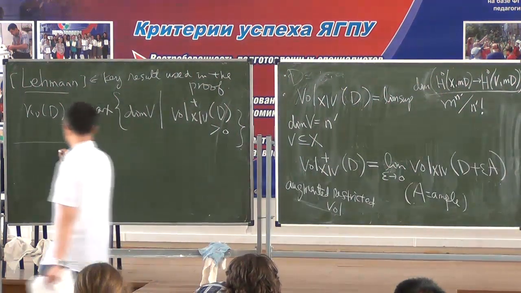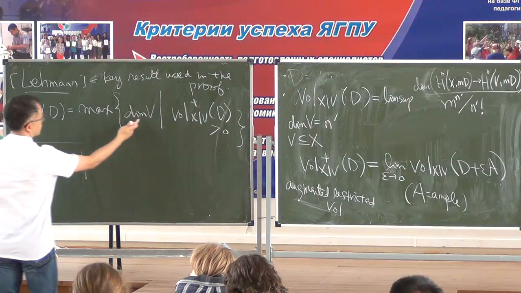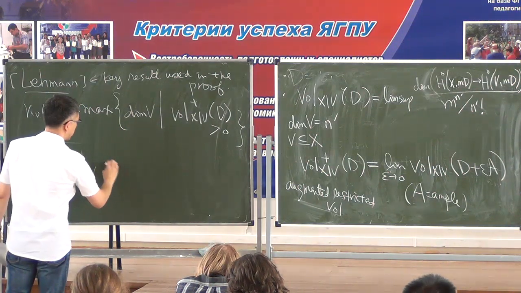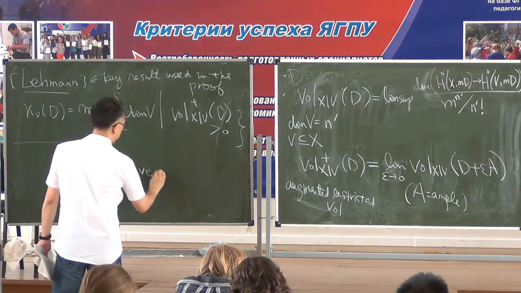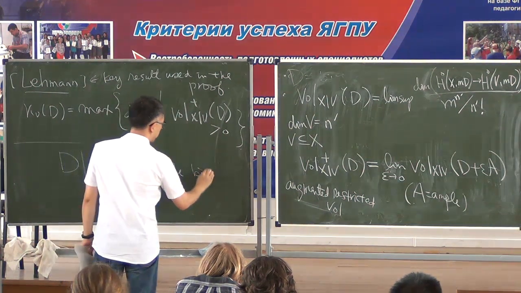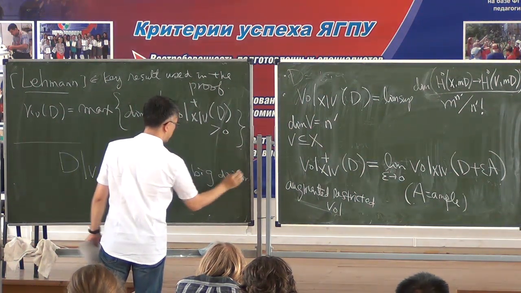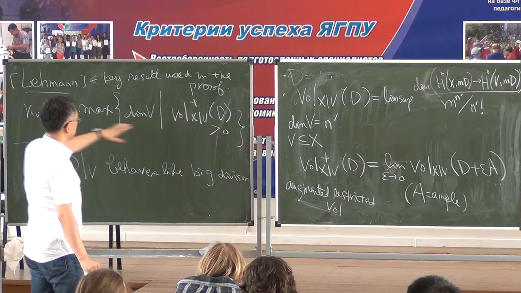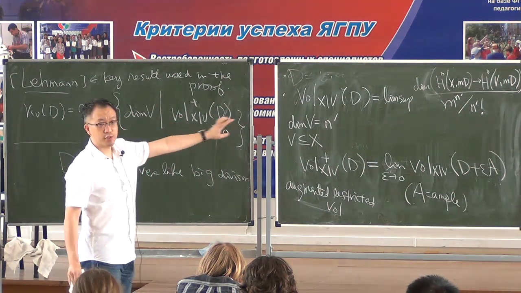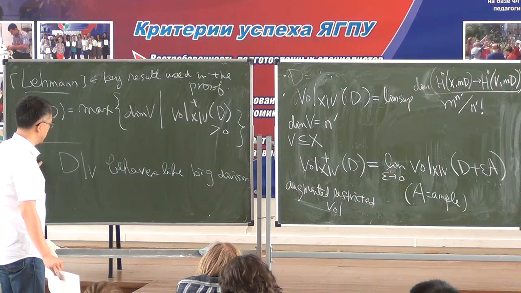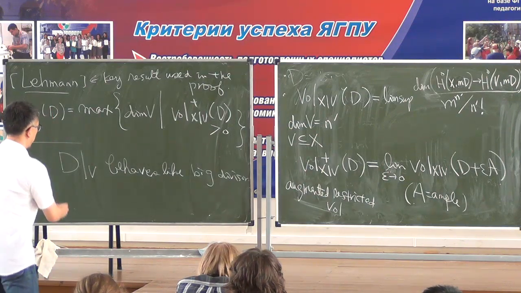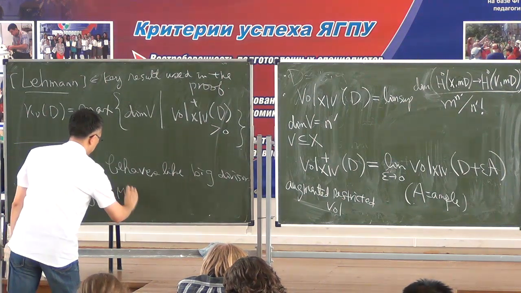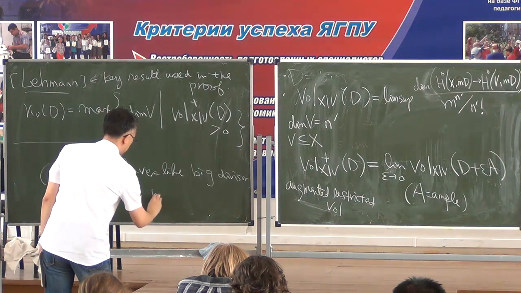The basic idea is that if you restrict D onto the subvariety which computes this dimension, it behaves like a big divisor. So the idea is to restrict everything to the big case, and we use the original Lazarsfeld-Mustață result and apply it in the big case.